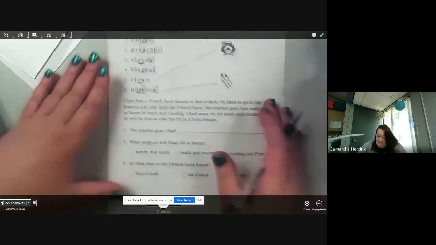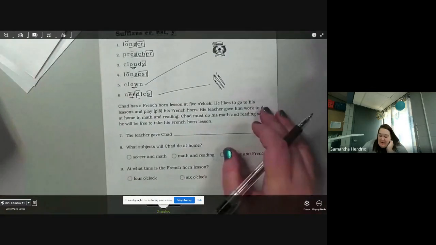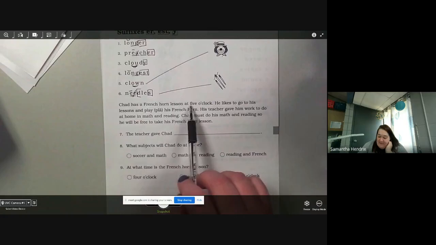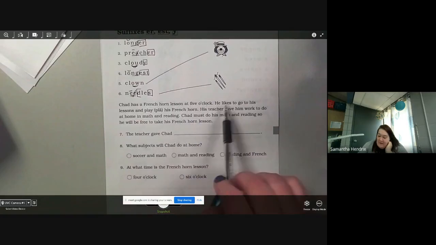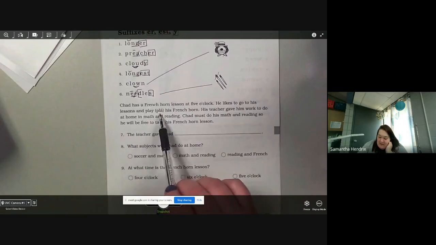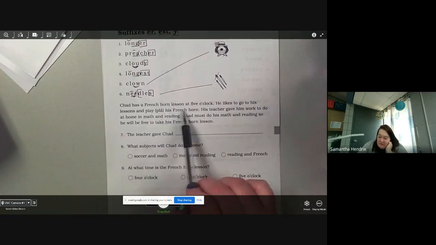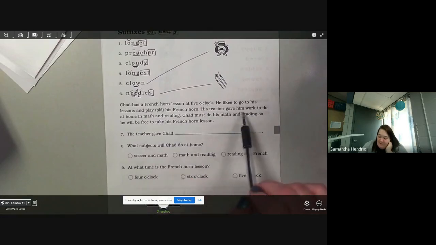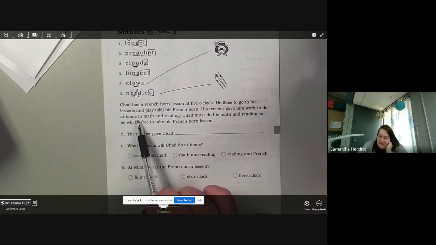Okay. Let's read this paragraph. Chad has a French horn lesson at 5 o'clock. He likes to go to his lessons and play his French horn. This is telling you how to pronounce it, long A. His teacher gave him work to do at home in math and reading.